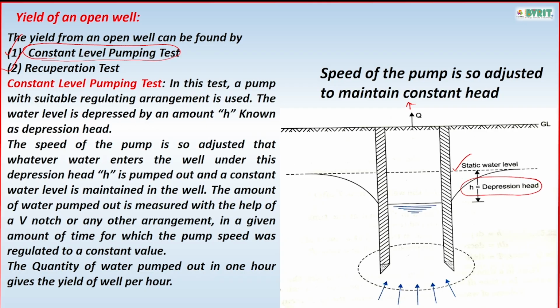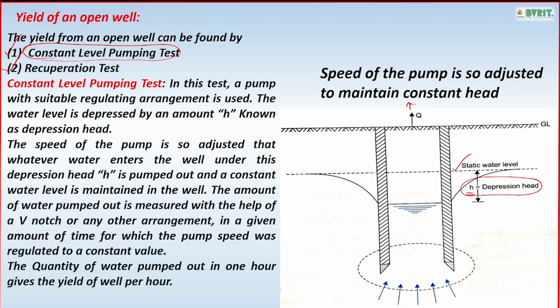So in the test, initially we pump, and the depression head is H. Now we regulate the speed of the pump such that this H remains constant. When that happens, whatever water enters from the aquifer into the well is being drawn outside.